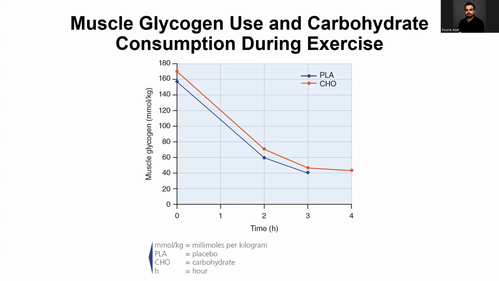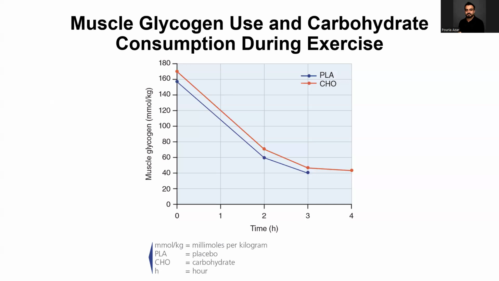This graph is from your textbook, and it is derived from one study. They compared the placebo and the treatment between two groups. For one group, they just gave them placebo, and for another group, they gave carbohydrates, and they measured the muscle glycogen levels.